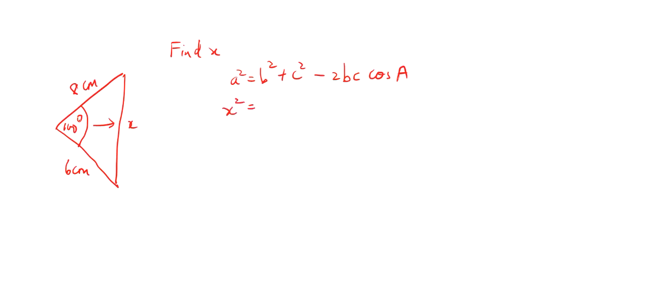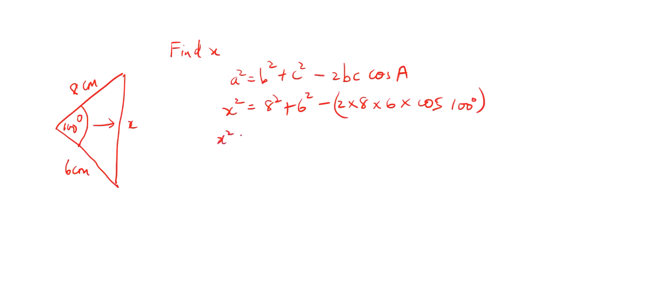You could choose either the 8 or the 6 as b, doesn't matter. 8 squared plus 6 squared minus 2. Put this in our big brackets because this is where students have some problems. 2 multiplied by 8 multiplied by 6 multiplied by cos the angle, which is 100 degrees.